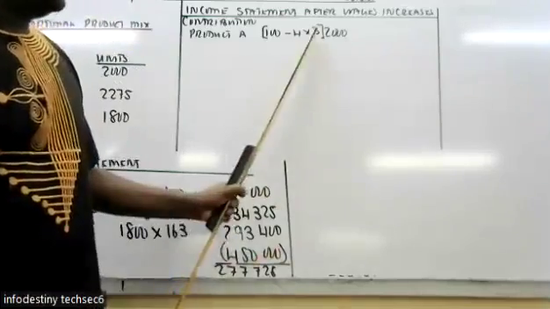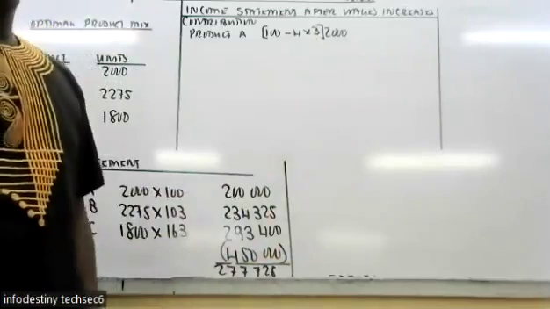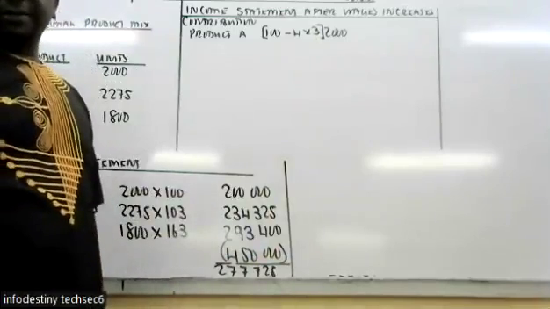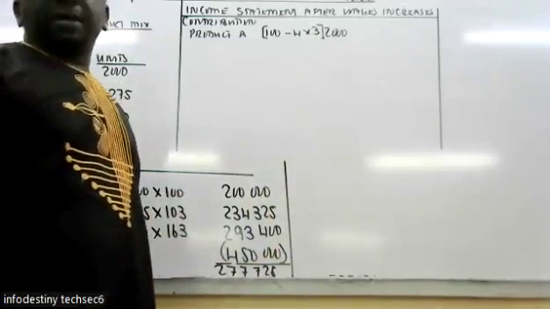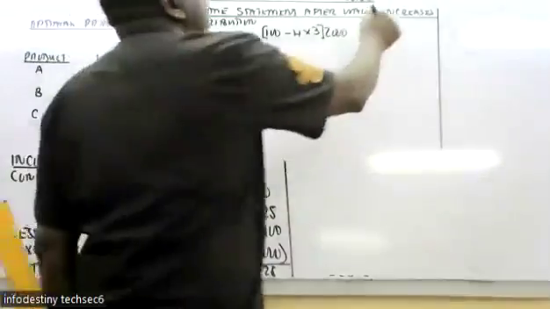We are multiplying by 3 because there were 3 hours. Fatima, there were 3 hours. That gives 176,000.